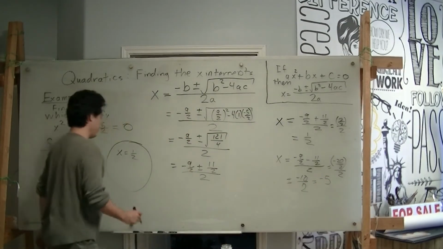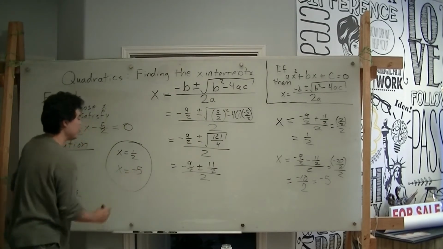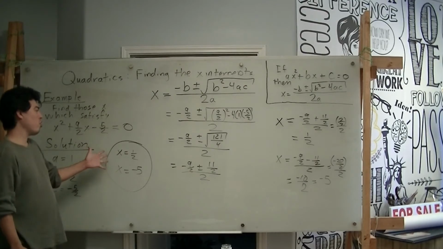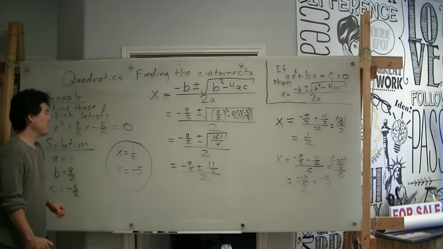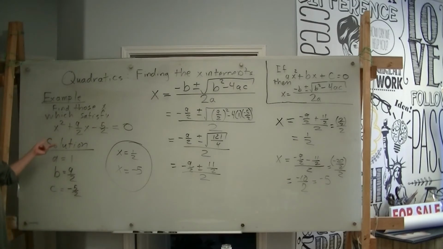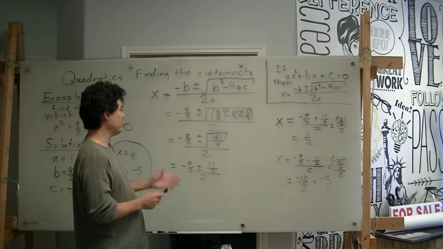So we can write over here x equals negative 5. These then are our two x-intercepts. If we were to graph this quadratic equation, y equals x squared plus 9 halves x minus 5 halves, we would get the crossing of the x-axis at these x values. Voila! It's wonderful.